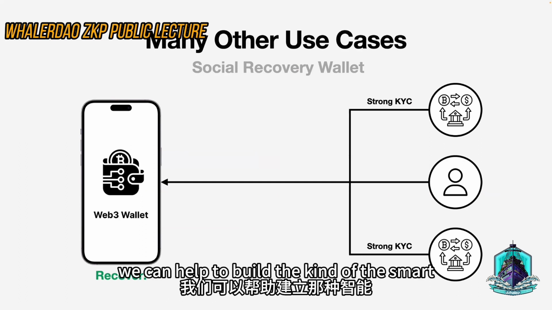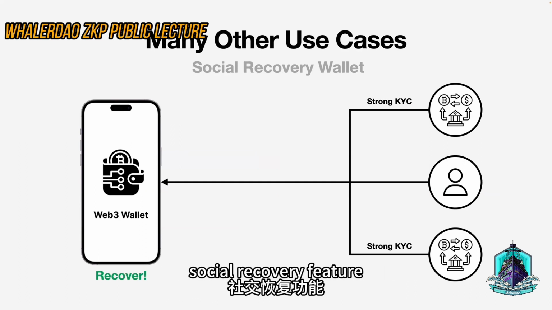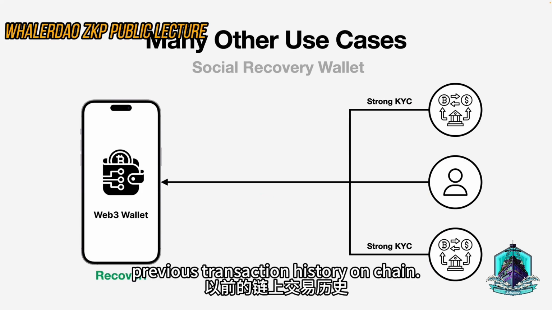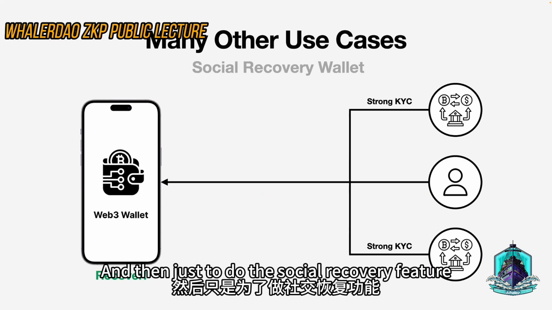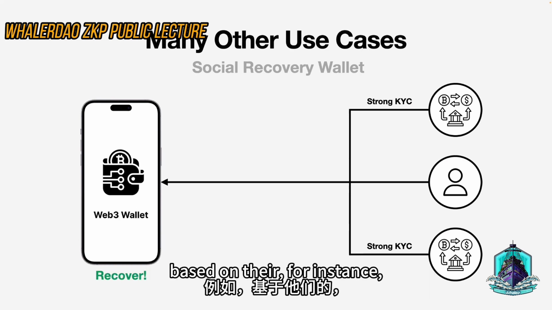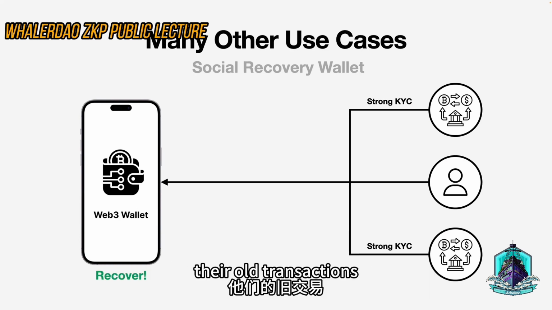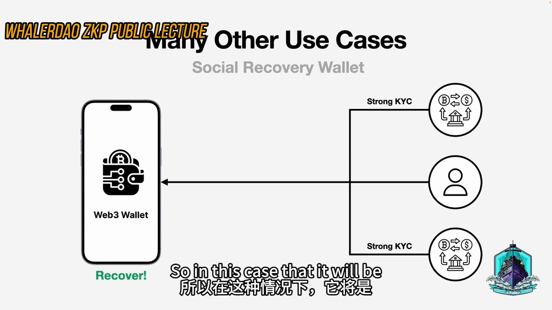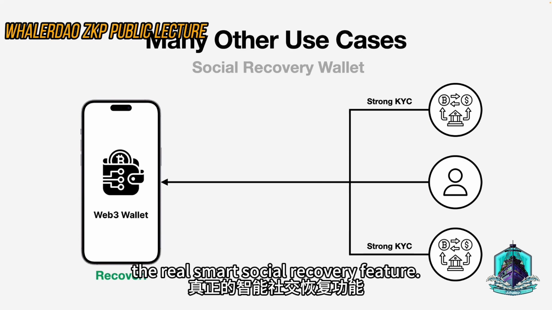We can help to build a smart social recovery feature based on the user's previous transaction history on chain, and then do the social recovery based on, for instance, their old transactions or their connections with other users or friends. So in this case, it will be a real smart social recovery feature.